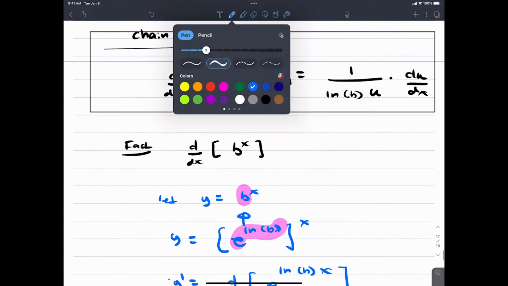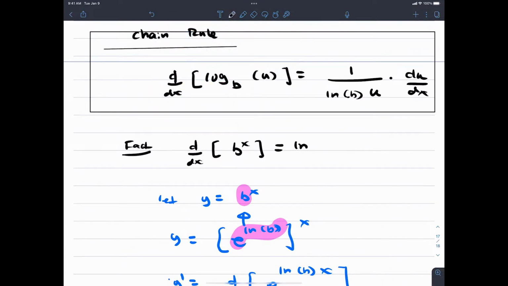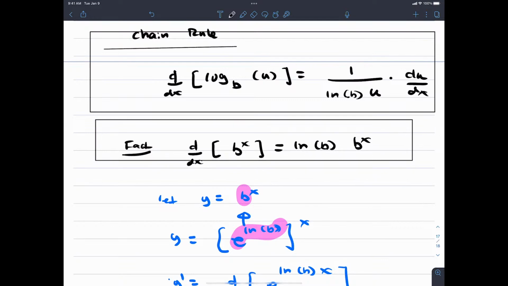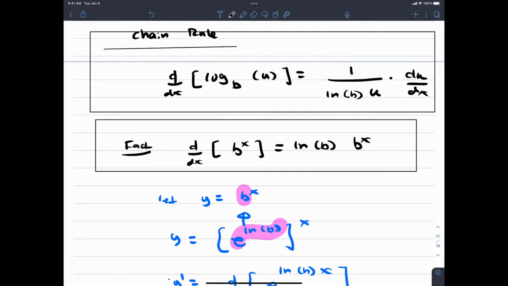So you can say, oh, that's just going to be the value natural log b now times b to the x. So this is how you differentiate an arbitrary exponential function. Not the exponential function.